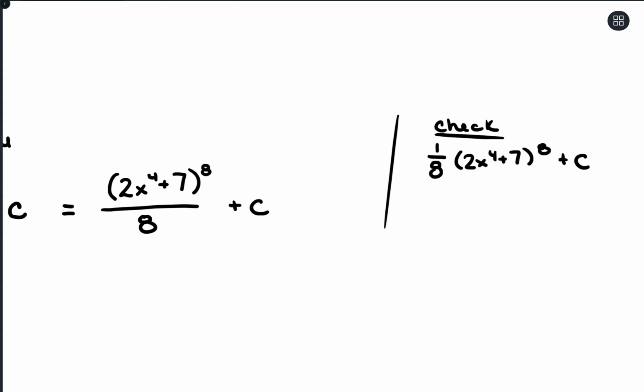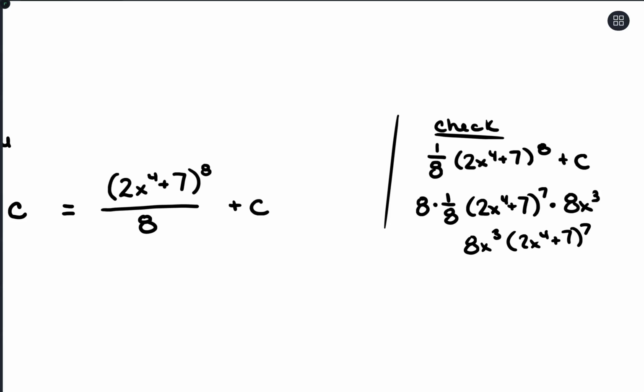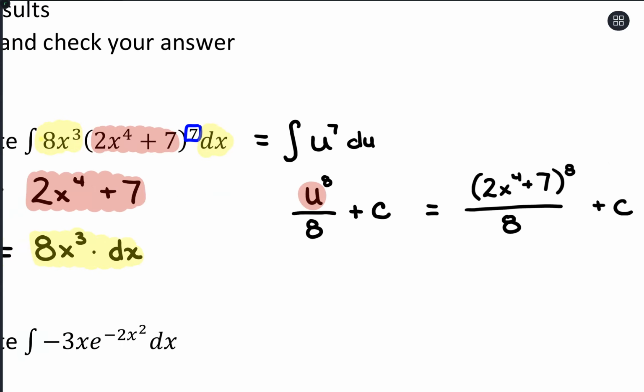This is going to use the chain rule, so we're going to have 8 times 1/8 times 2x to the 4th plus 7 to the 8 minus 1, which is 7. And then we need to multiply that by the derivative of the inside, which is 8x cubed. And we end up with our 8x cubed times 2x to the 4th plus 7 to the 7th power. And that's exactly what we started out with.